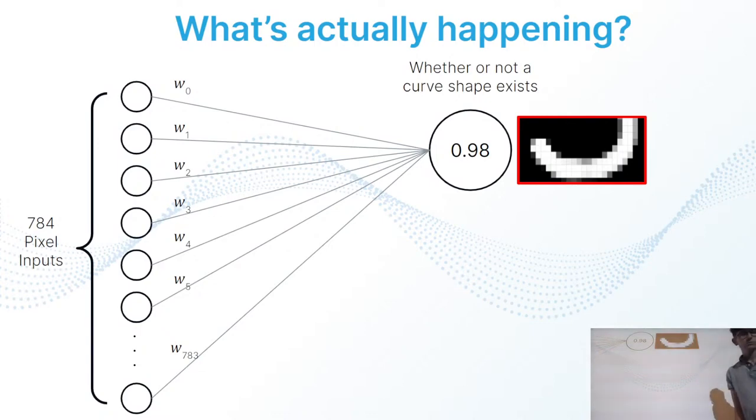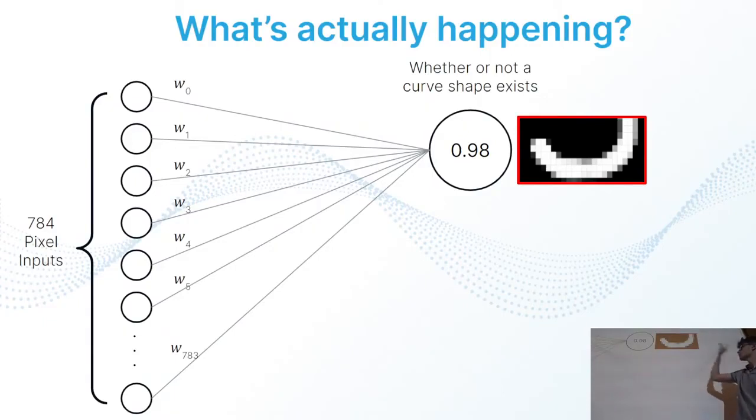So now, how does this happen in the network? Let's say that we're focusing on this bottom loop. In a 3, this bottom loop is characteristic in almost any 3 you write. So if we're specifically looking for this bottom loop, certain parts of the image will be more important than others.